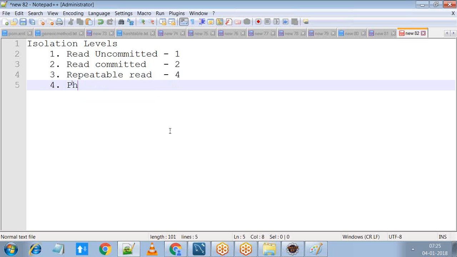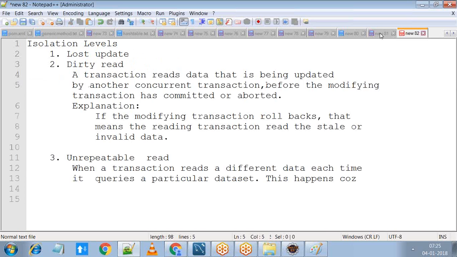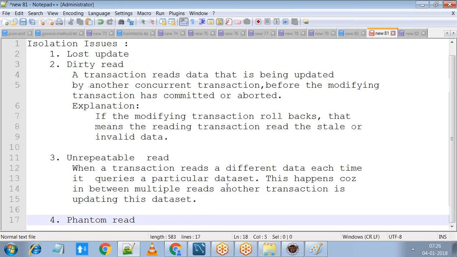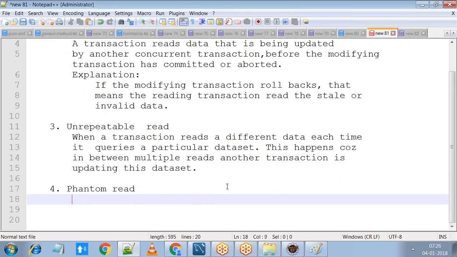What about phantom read here? The isolation level is phantom read. So what is the phantom read issue?